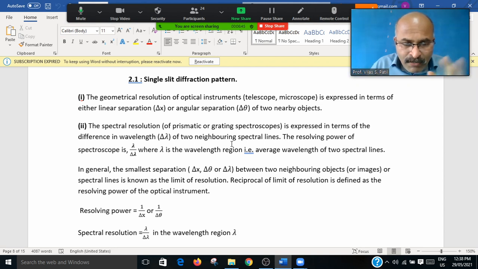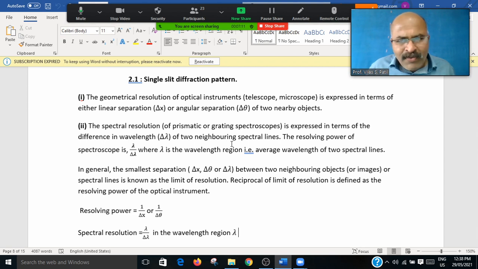That is known as spectral resolution, and it is expressed in terms of the difference in wavelength. For example, 5423 Angstrom units and 5421 Angstrom units, a difference of 2 Angstrom units, is known as spectral resolution.